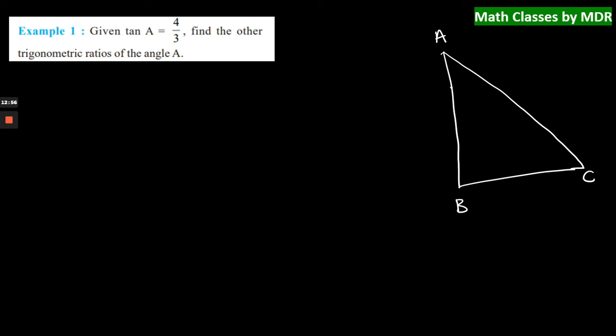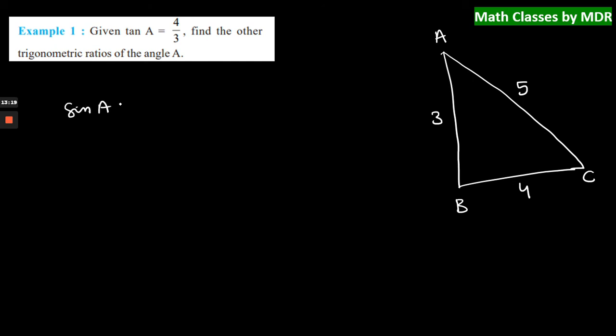So tan A is the ratio of opposite side to adjacent side, where opposite side is 4 and adjacent side is 3. Now from the Pythagoras theorem we know that the hypotenuse square is equal to the sum of the squares of the other two sides. So 3 square plus 4 square is 25, root of 25 is 5. Hypotenuse is 5.